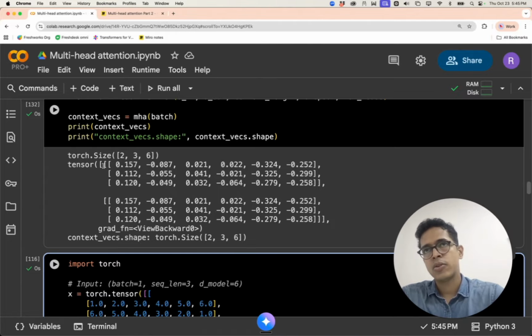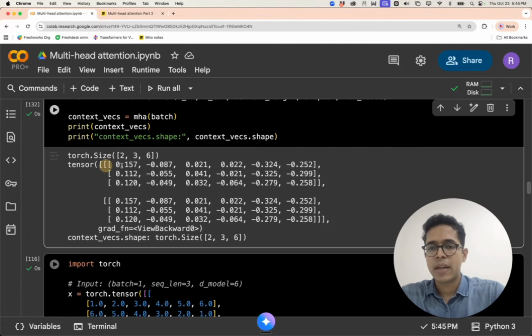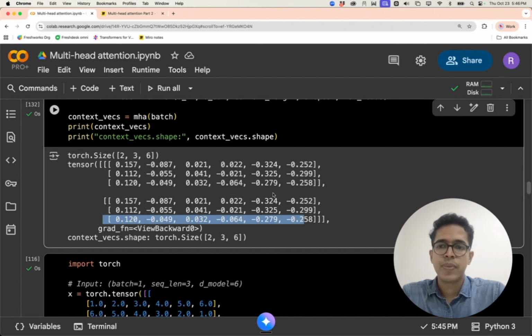So finally I should also have 3 context vectors per batch. Each context vector should have 6 dimensions, and like that I have 2 batches. So this is context vector number 1, context vector number 2, context vector number 3 in batch number 1. This is context vector number 1, number 2, and number 3 in batch number 2.